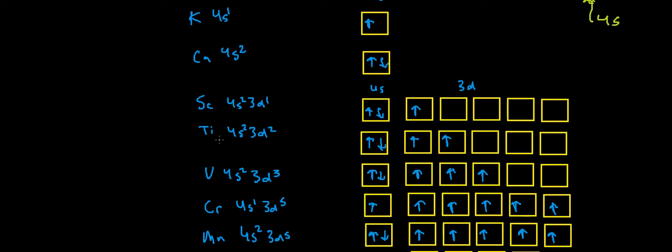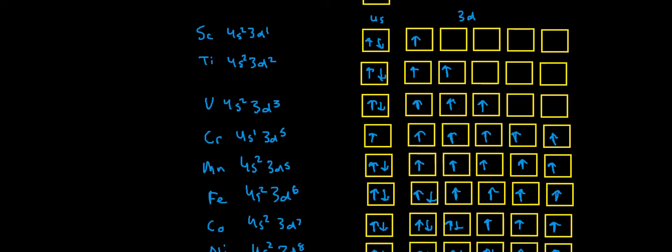Then I get titanium, same thing, 4s2, 3d2, just add another electron in. Then I get to vanadium. It's still going according to plan. I have my 4s orbital filled, and then my 3d is added another electron. It's not until I get to chromium where something unexpected takes place.